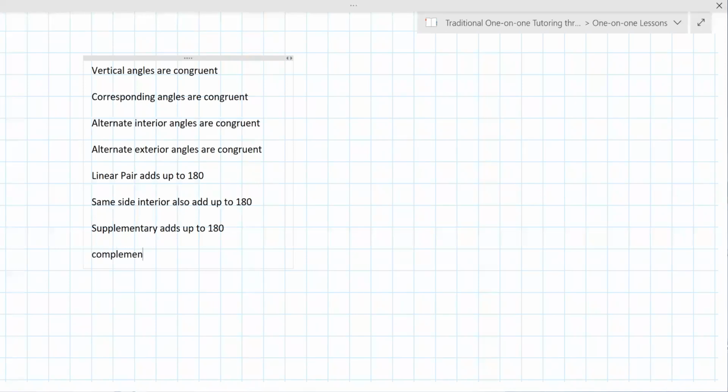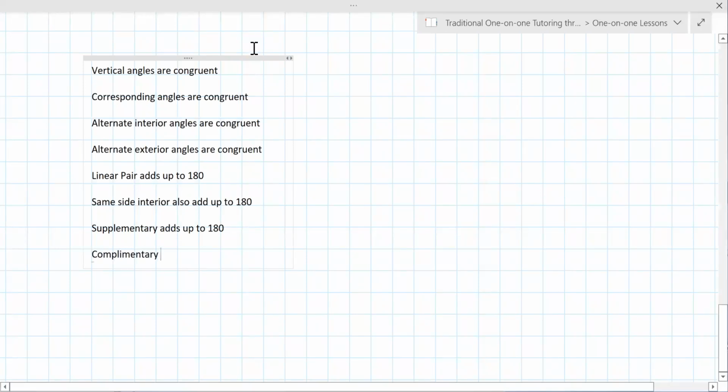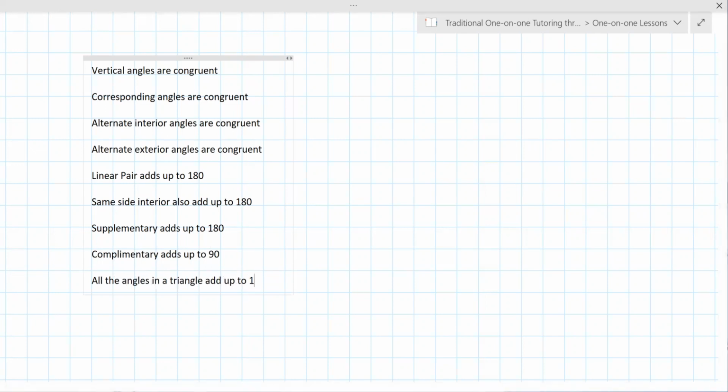Complementary adds up to 90. All the angles in a triangle add up to 180. So these are just the few that come to mind that I think you might see.